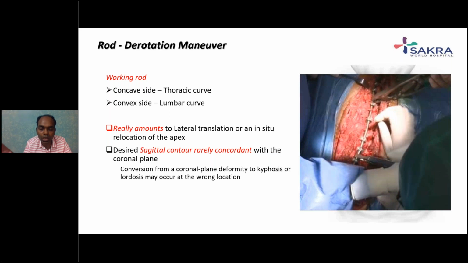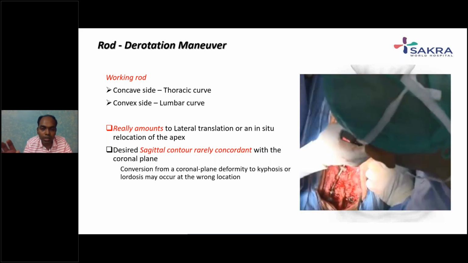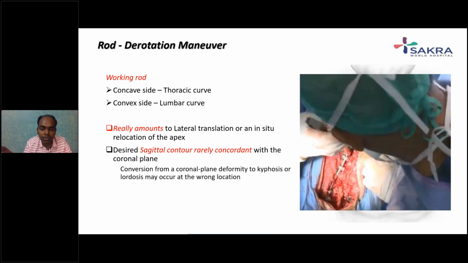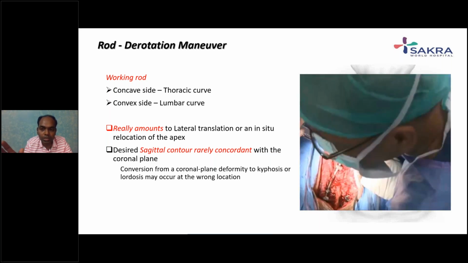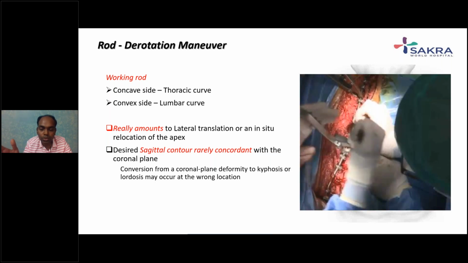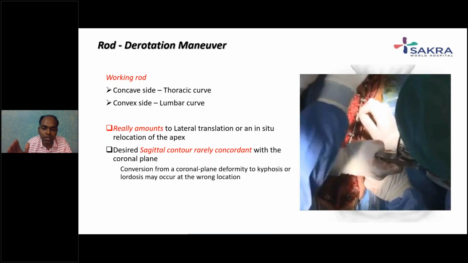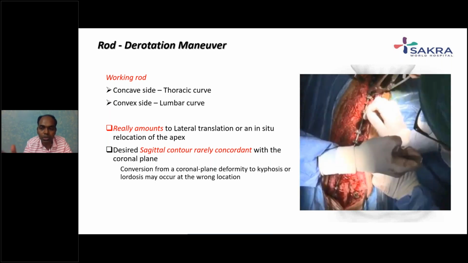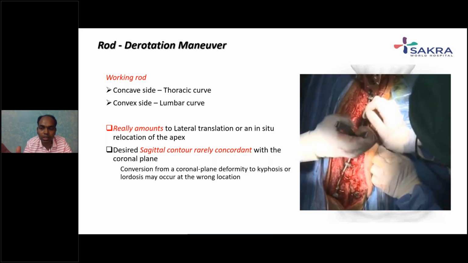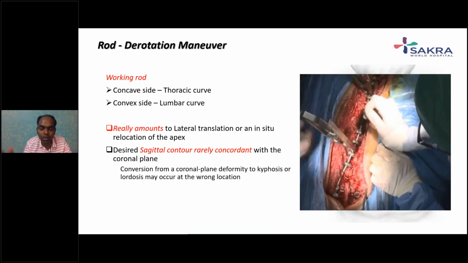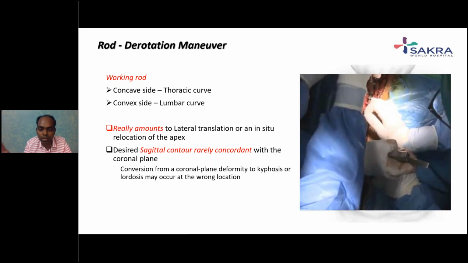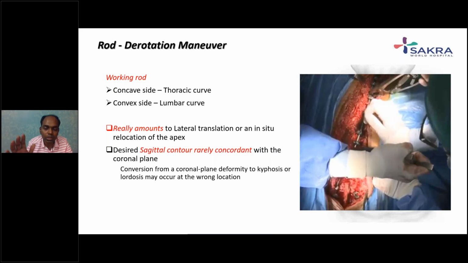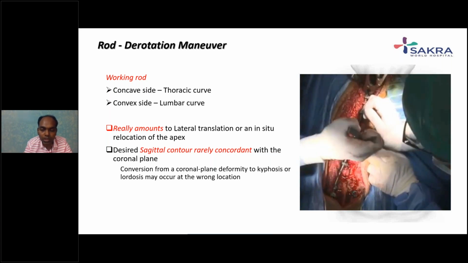This is the most important point that everyone has to understand. In this maneuver, the coronal deformity, the scoliotic deformity, is converted into the proper sagittal normal kyphosis or normal lordosis in cases of thoracic and lumbar curves respectively. But this conversion of the coronal deformity into sagittal normal correction will not always be concordant.